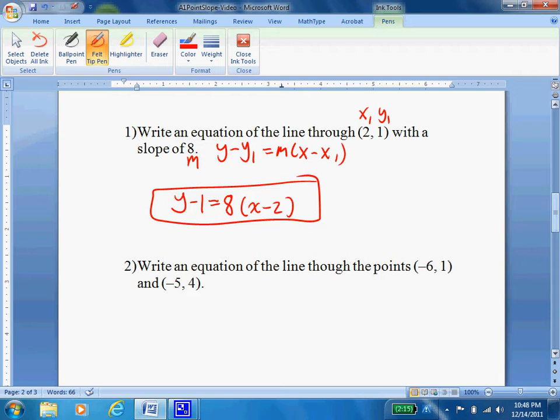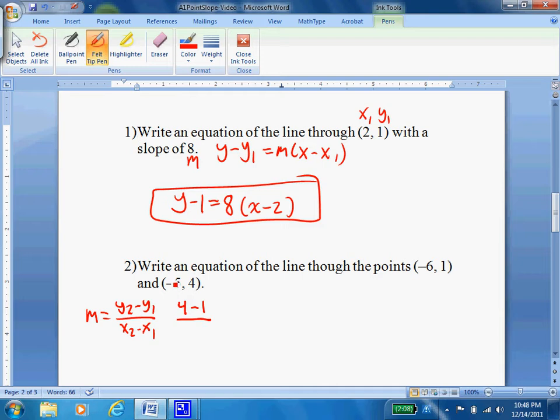So let's use our slope formula, y2 minus y1 over x2 minus x1. So I'll take my second y, which is 4, and subtract my first y, which is 1. So there's my change in y's, or my rise.